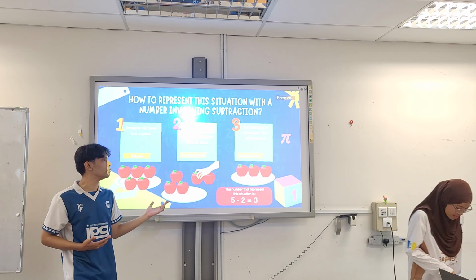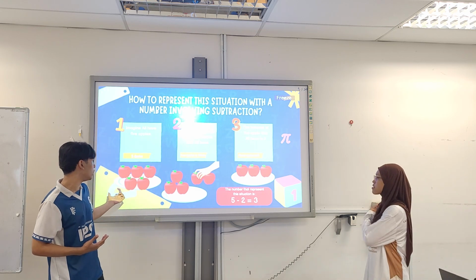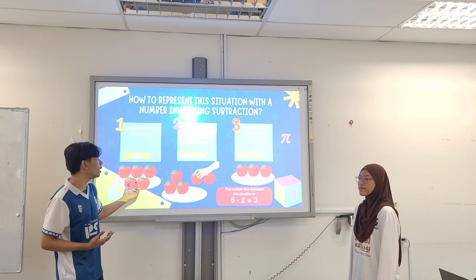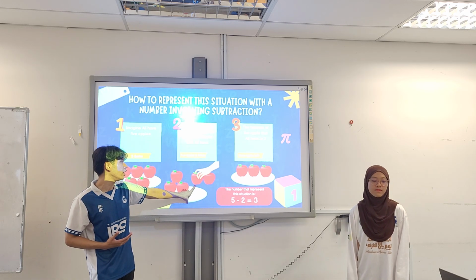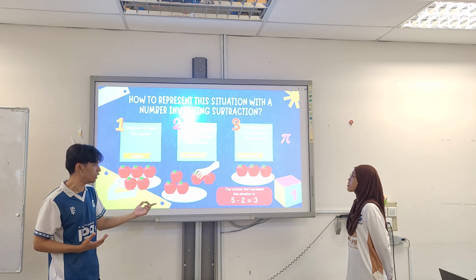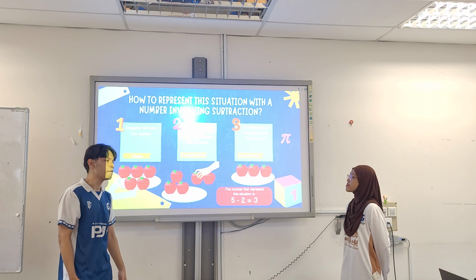And then the number 3 is the balance of the apples that Ali has. So like we see in the image, we have 5 apples. Then Abu takes 2 apples, and the balance is 3. So then the number sentence that represents this situation is 5 minus 2 equals 3. Okay.